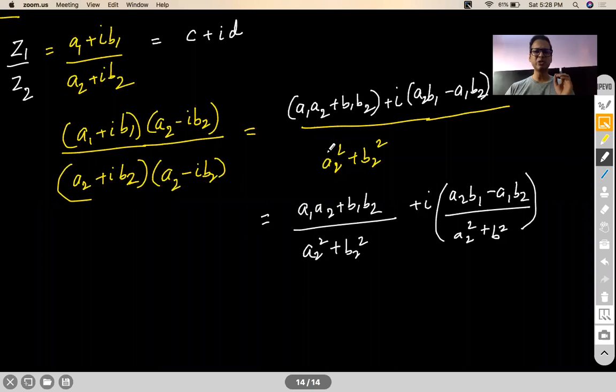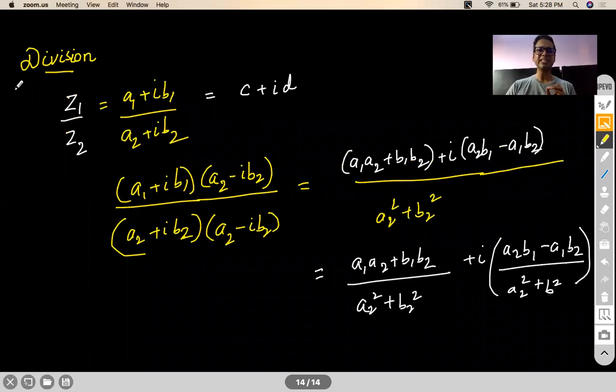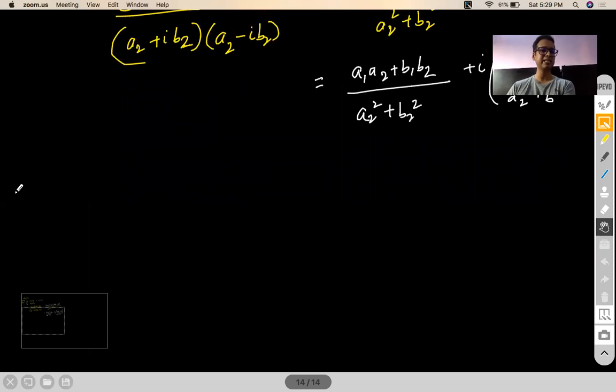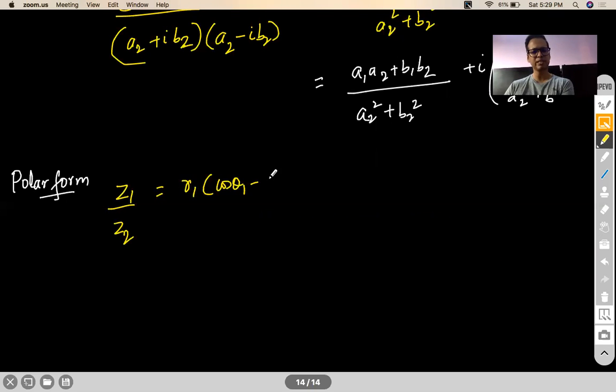So I'll do the same activity when I'm representing the complex number in polar form. This was when it was in point form. I think polar form should give us a better insight into what is happening. So in polar form, let's say I write Z1 by Z2 as R1 cos theta 1 plus I sin theta 1 by R2 cos theta 2 plus I sin theta 2.